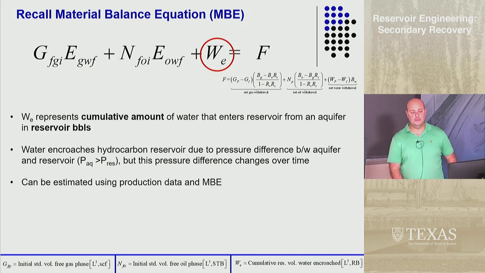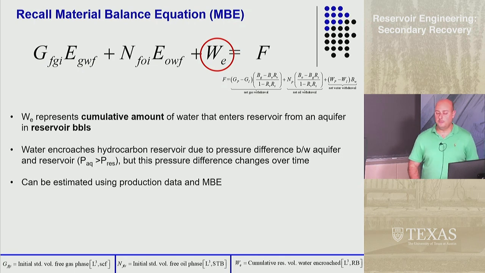So you can estimate this WE from the material balance equation. So if you get F, and that's fairly easy to get because you're obviously keeping track of how much oil, gas, and water you produce. In fact, that gets published publicly online. If you happen to know your original gas and oil in place, then you can back calculate WE.